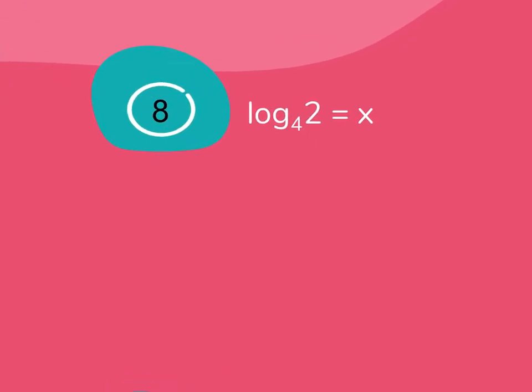All right. Now what? 4 to the x equals 2. I could do 2 to the second raised to the x equals 2. And then it becomes 2 to the 2x equals, this would be 2 to the first, right?